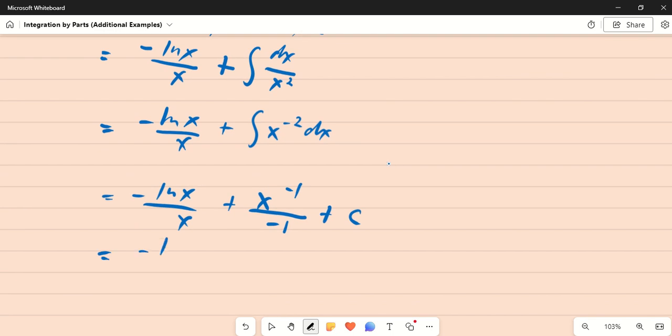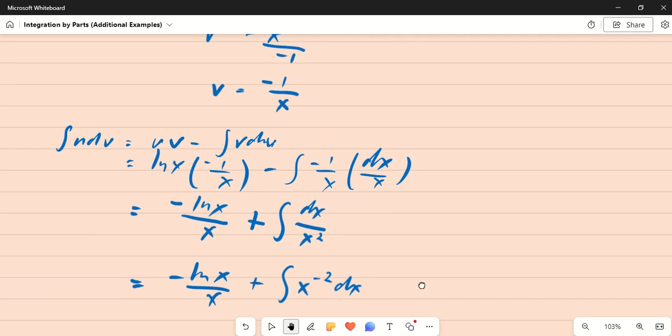You have negative ln of x, and this is all over x, and you have minus 1 over x, okay, because you have here x raised to negative 1, that's the same as 1 over x, and your negative 1 here is written here in this part. So negative 1 over x plus the arbitrary constant.